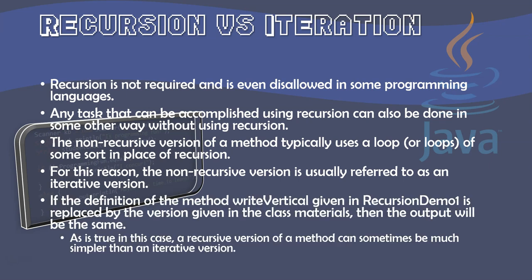If the definition of the method, for example, right vertical, that we had in Recursion Demo 1 was replaced by the iterative version we're going to look at now, the output is going to be the same. The recursive version of a method can sometimes be much simpler than an iterative version, as we're going to see, but that doesn't necessarily make the iterative one bad. It might be a little more challenging to wrap your mind around, but any way you can write a recursive method, you can write an iterative method, and vice versa.